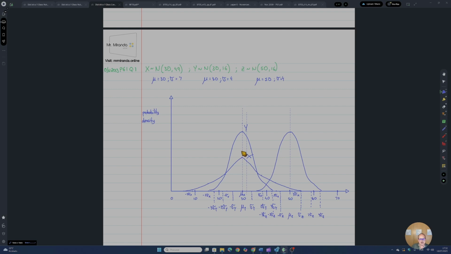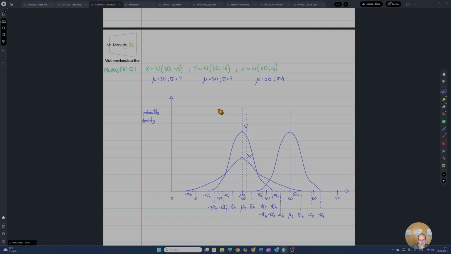And why is that? The reason is that the area of any bell curve has to be equal to 1. So if this one is narrower because the standard deviation is smaller, I'm talking about Y, and don't forget that it almost touches the horizontal axis at about 3 times the standard deviation, so in this case 12.